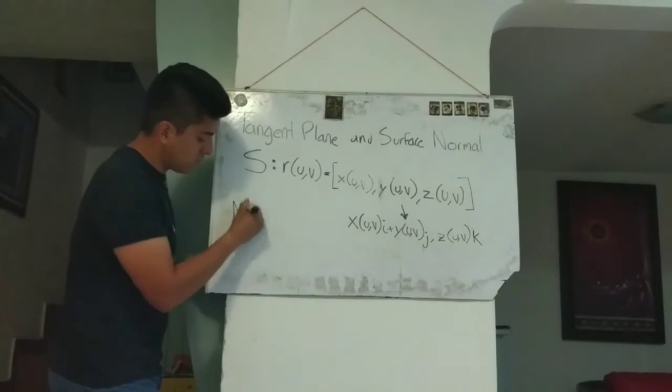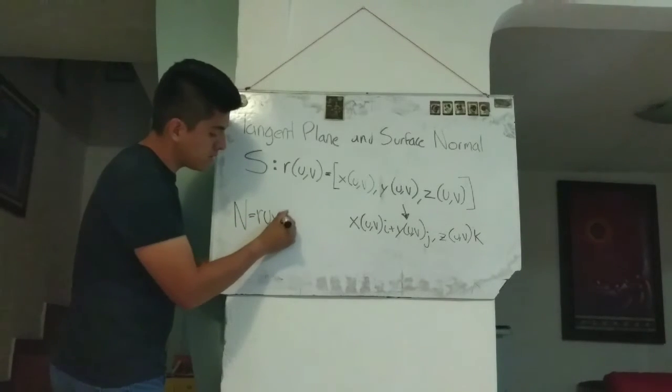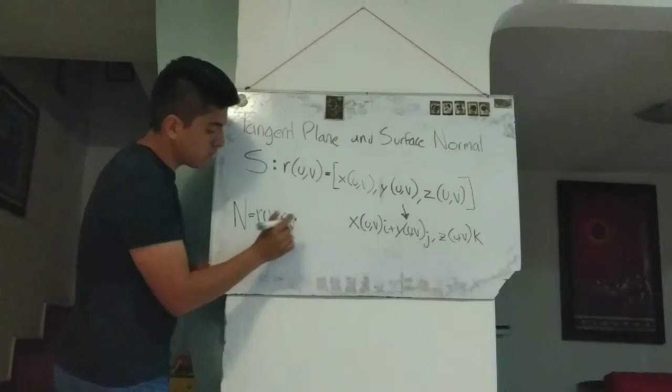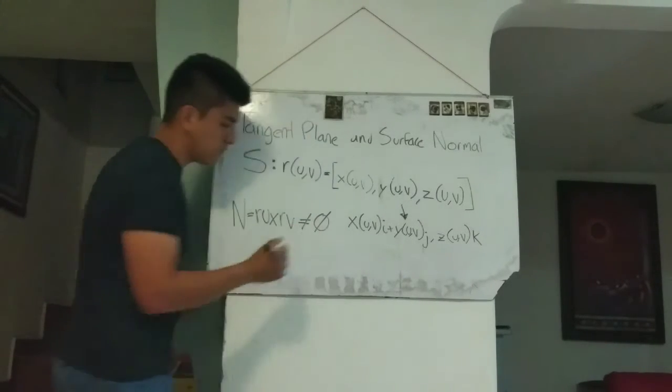And ru times rv, the result of this has to be different from 0. Okay?